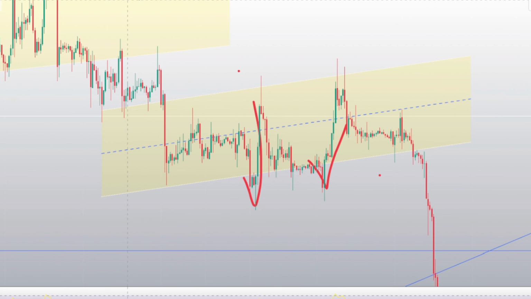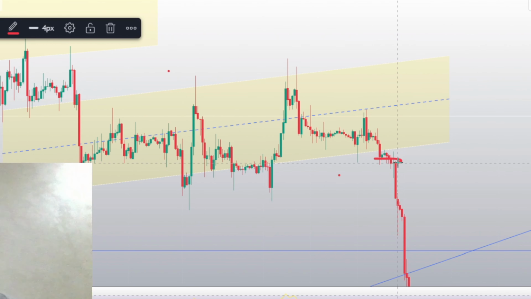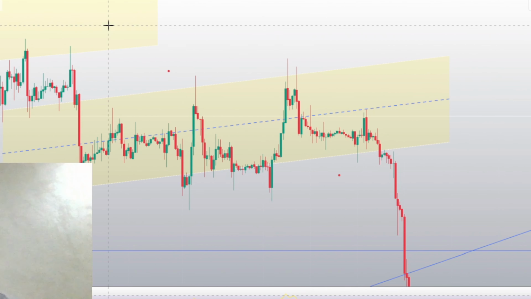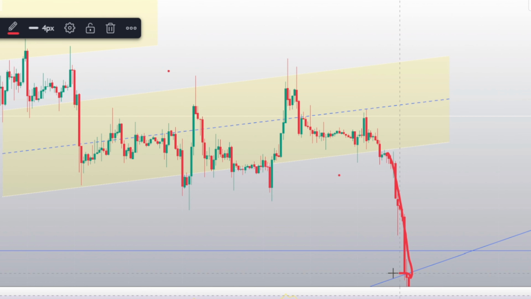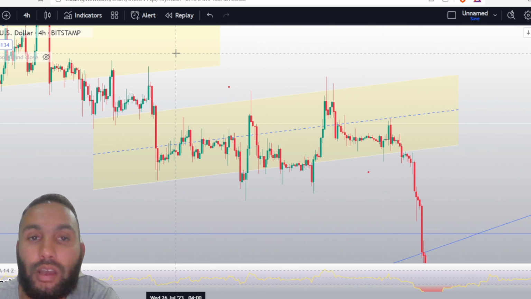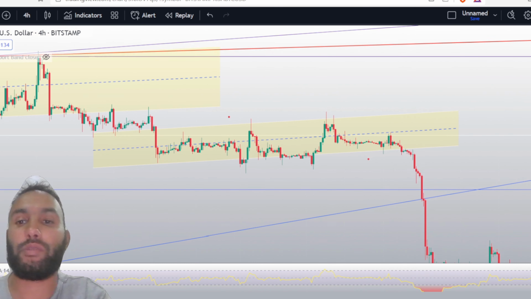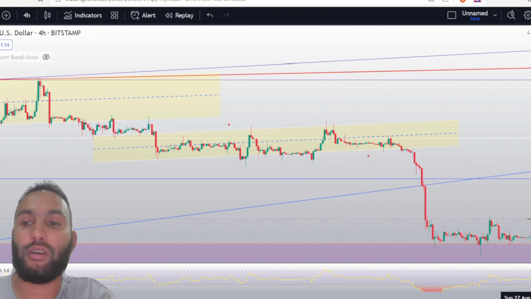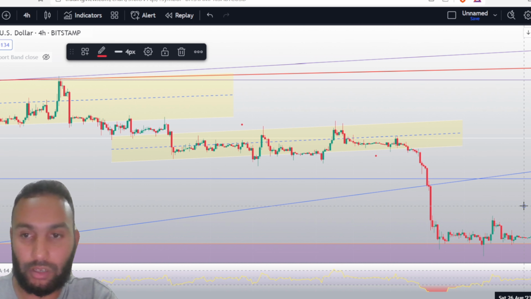The moment that doesn't happen anymore, and you see that bulls don't have the strength to go back up immediately, you see this big drop here. That is how we use parallel channels on different time frames to get an indication of what is happening right now.